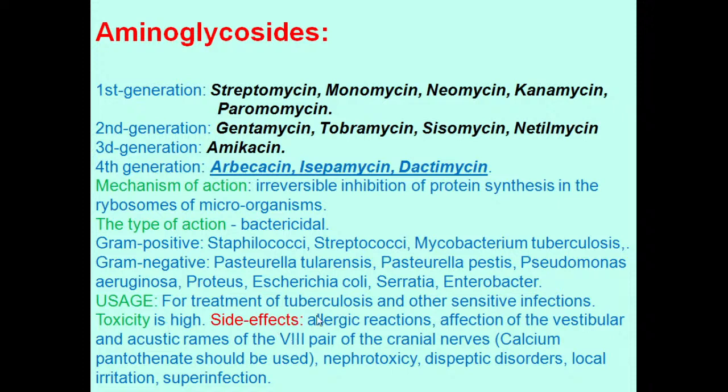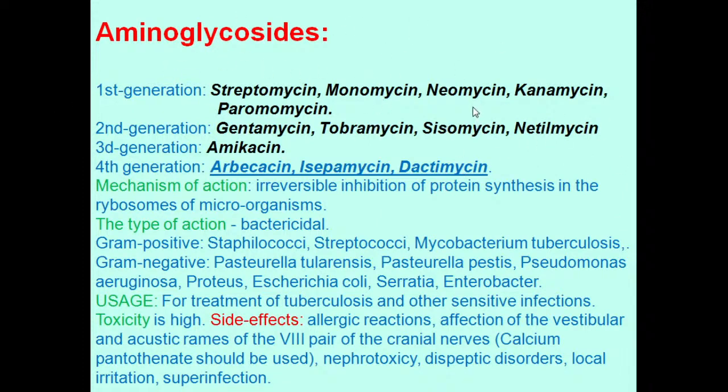Side effects include allergic reactions, affection of the vestibular and acoustic ramus of the eighth pair of the cranial nerves. That is why we should use calcium pantothenate to decrease this toxicity; neurotoxicity, nephrotoxicity, dyspeptic disorders, local irritation, superinfection, especially with preparations of first and second generation.